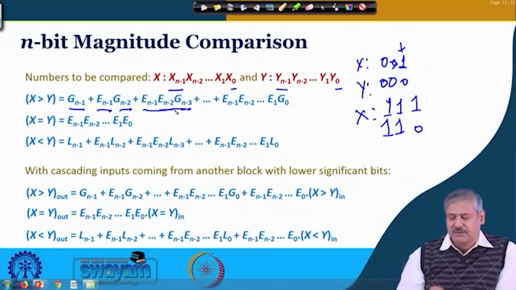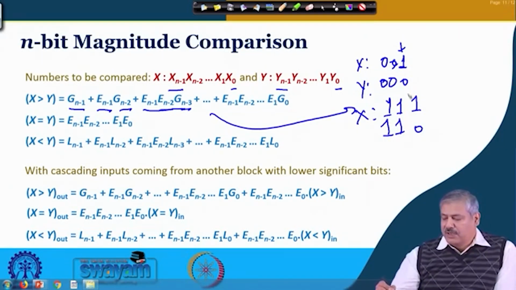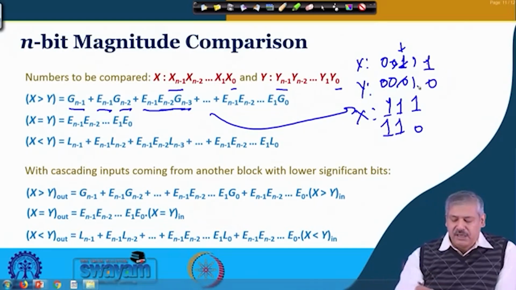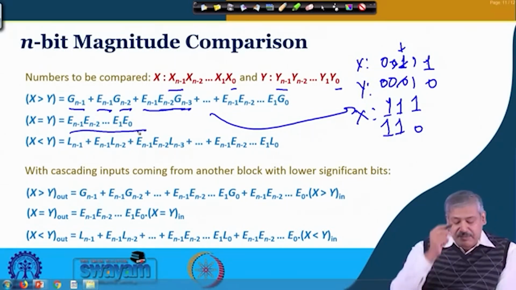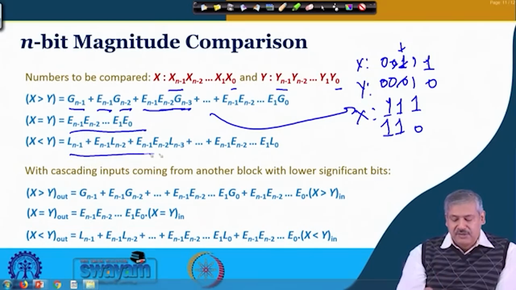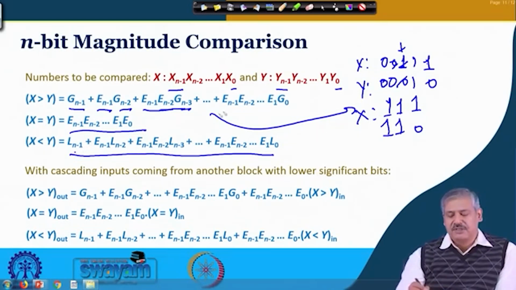So, if you see that they are equal, so it could be 0 0, could be 1 1, then you look at the next case, whether this is 1 or this is 0. So, this is the way the equation can be understood, right. X equal to y will come in this manner, and x less than y will look at L(n-1), E(n-1), L(n-2). So, this is similar to the greater than case, okay.